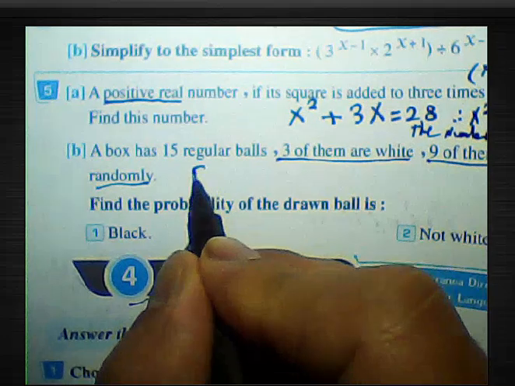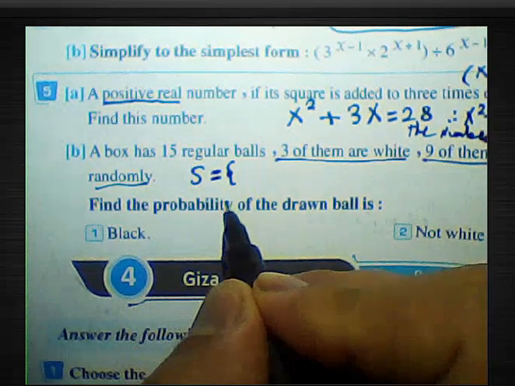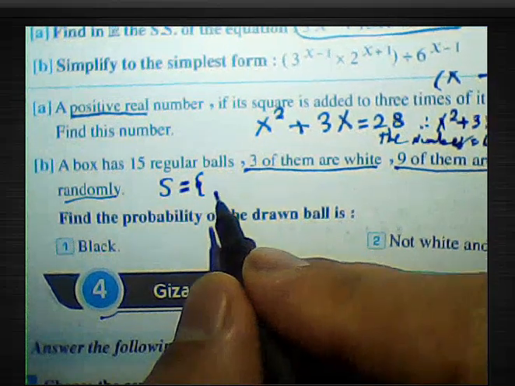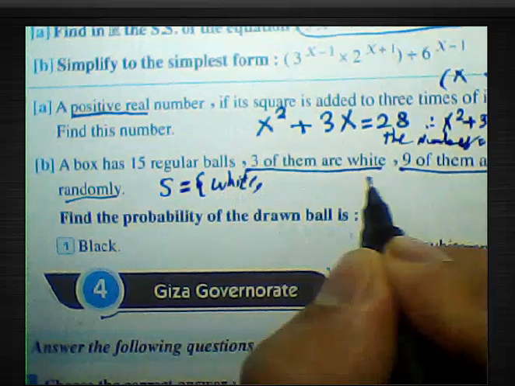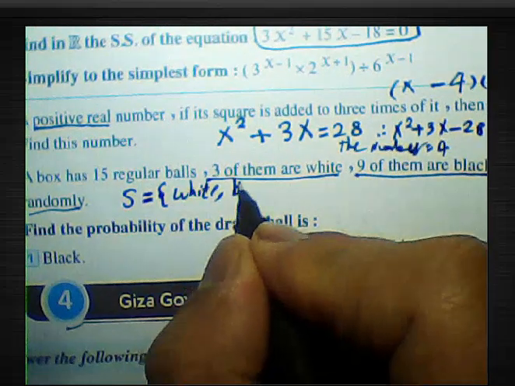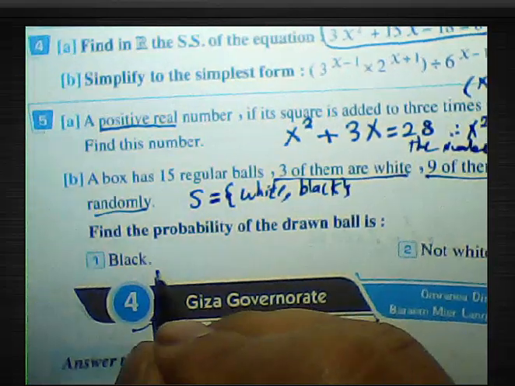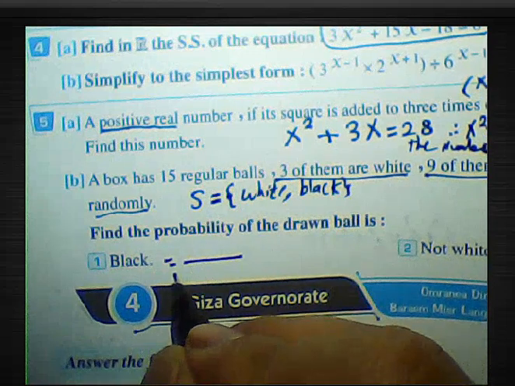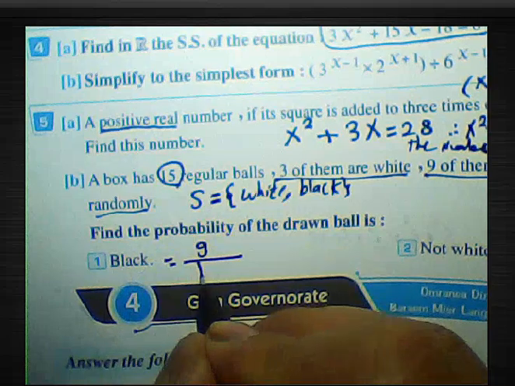We know the sample space equals 15, but we have white and black. So the probability of drawing black equals the number of black balls, 9, over the total, 15.